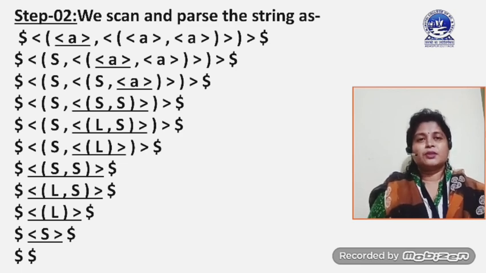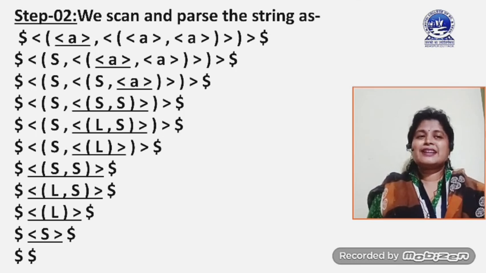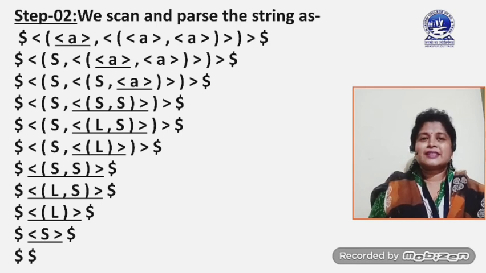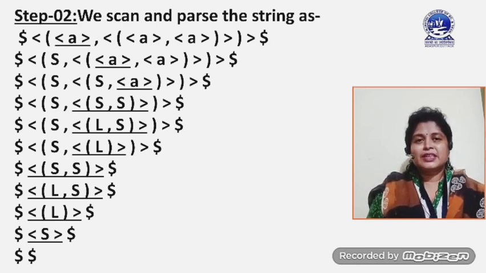Now, as per the rule, whenever we get a handle we just replace it. So we have our first handle, A, which is inside the less than symbol and greater than symbol. We replace it at the second step, and we get the intermediate output: dollar symbol less than opening bracket S comma less than, and the rest is as usual.